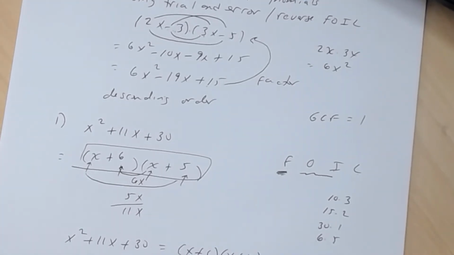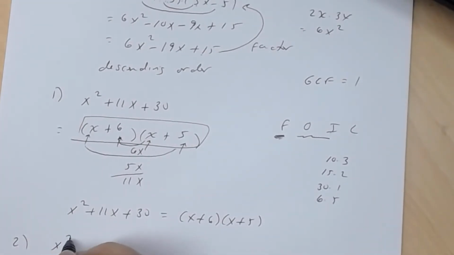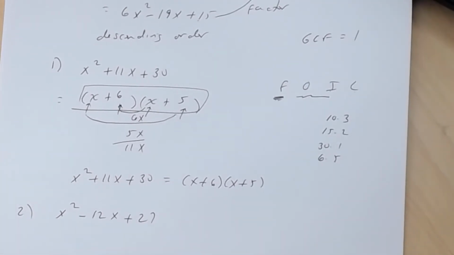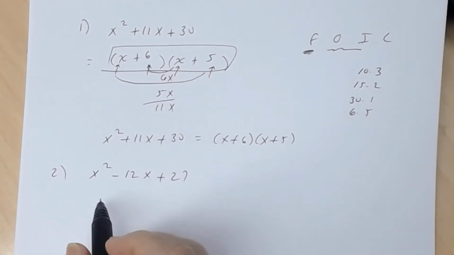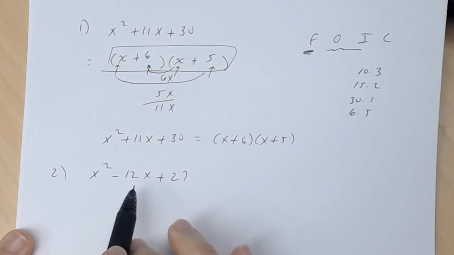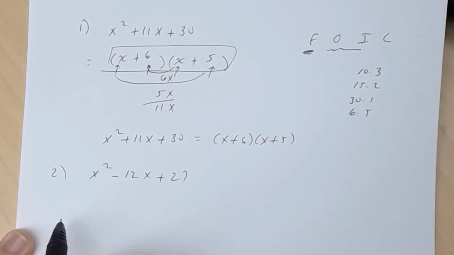All right, number 2, let's suppose we had x squared minus 12x plus 27. Okay, so x squared minus 12x plus 27. All right, so again, this is the easy kind to factor because first of all, the x squared term has a coefficient of 1 and the last term is positive.